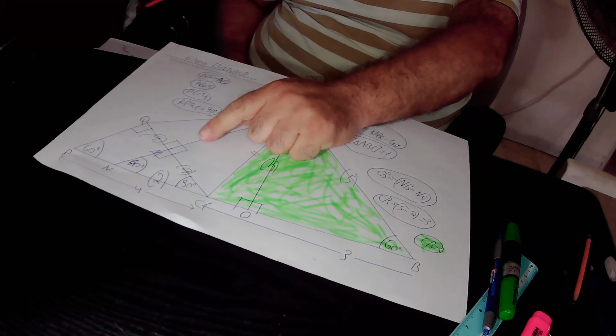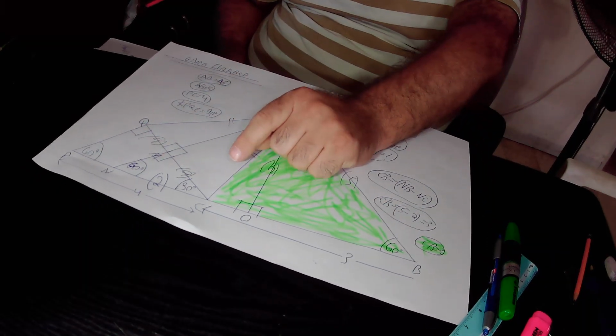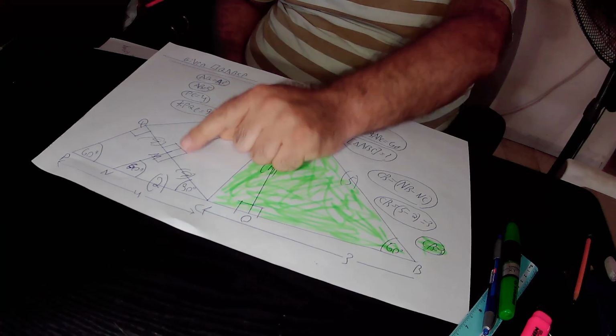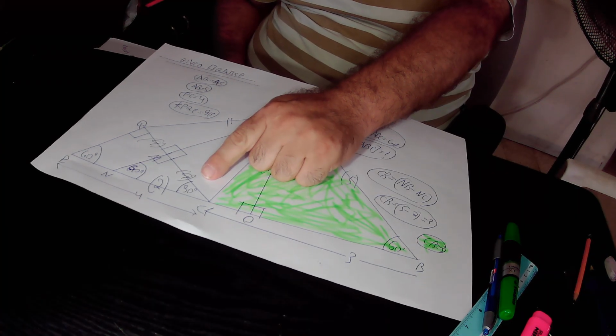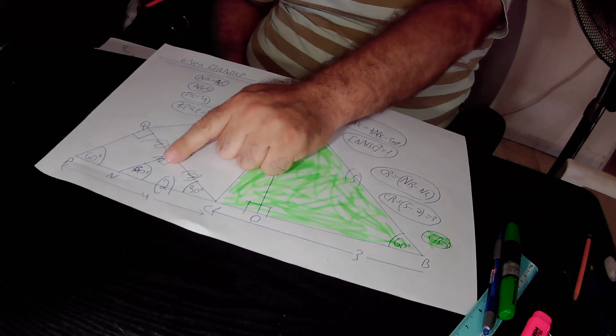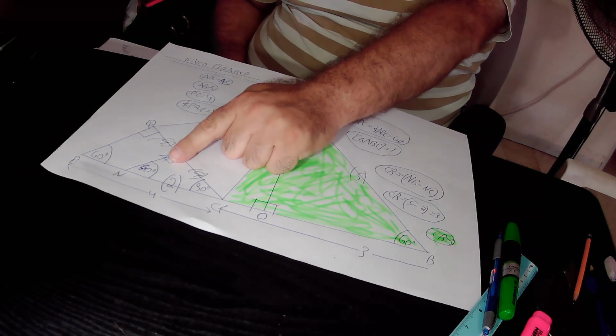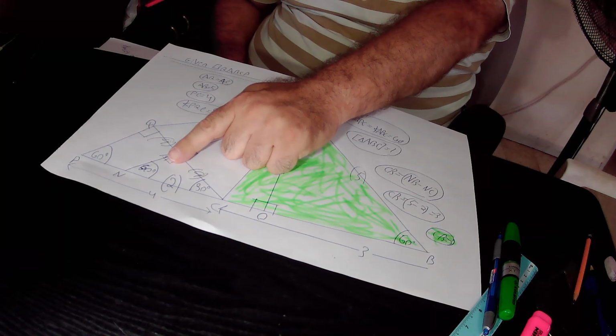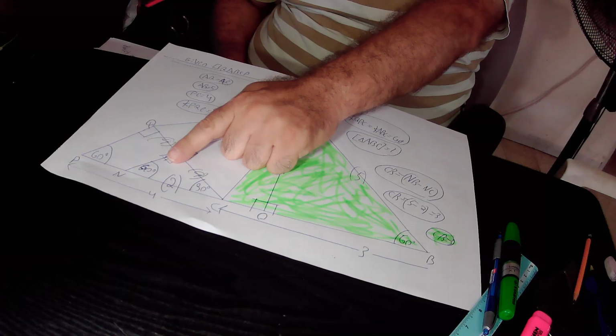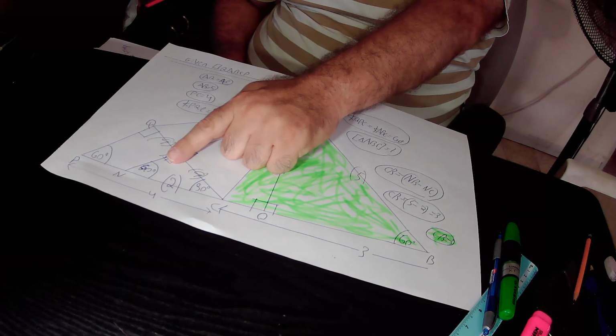Likewise, in the small right triangle MNC, 90 degrees plus 30 degrees is 120 degrees. So 120 degrees plus this third missing angle must in total be equal to 180 degrees according to the same rule. Therefore, this missing angle must be equal to 60 degrees in size.